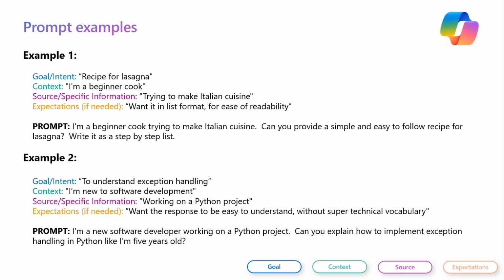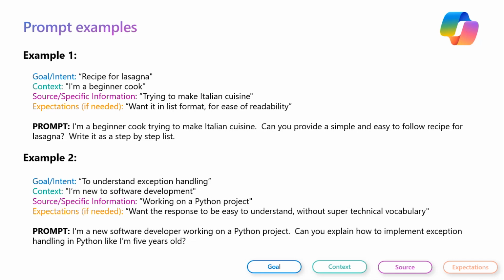So the first example starts with the goal of getting a lasagna recipe here. Let's say you need to find something to prepare for dinner, but there's a problem: you're actually new to cooking. So you need a recipe that is easy to follow.